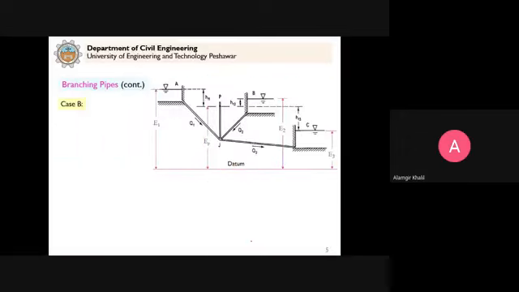Next we have case B. In case B, we are assuming that EP is less than E2. Clear? In the previous case, we assumed that EP is greater than E2. But now in this case, you can see that this is our EP, and this EP is less than E2.